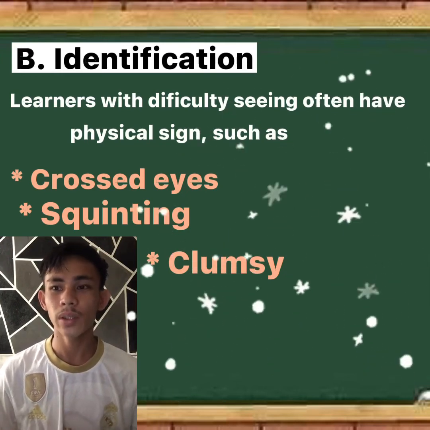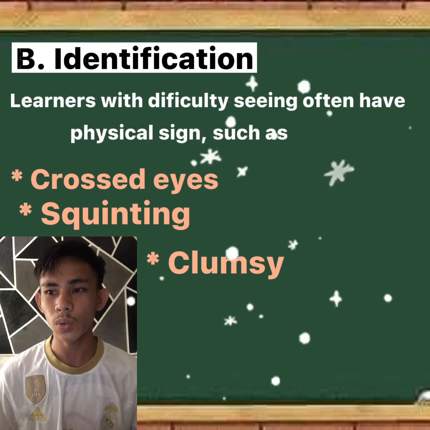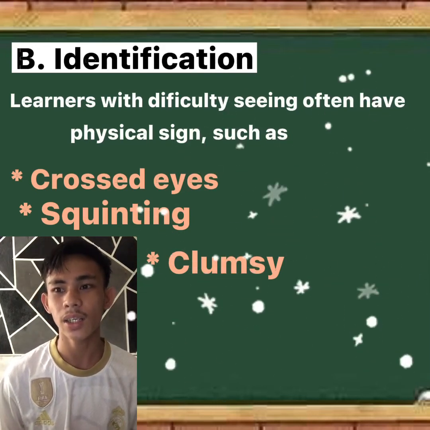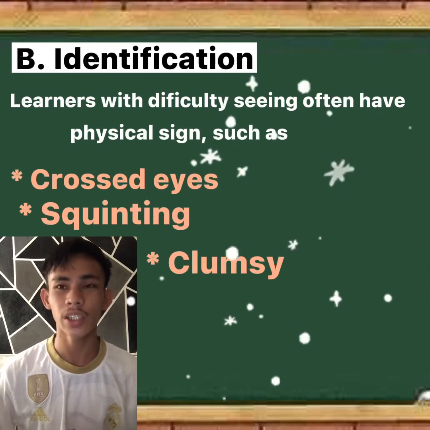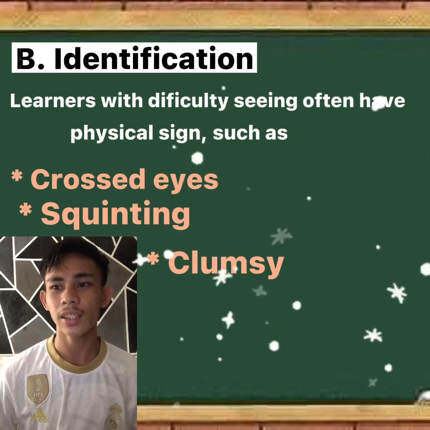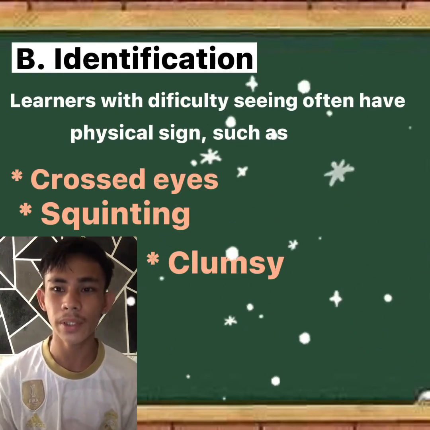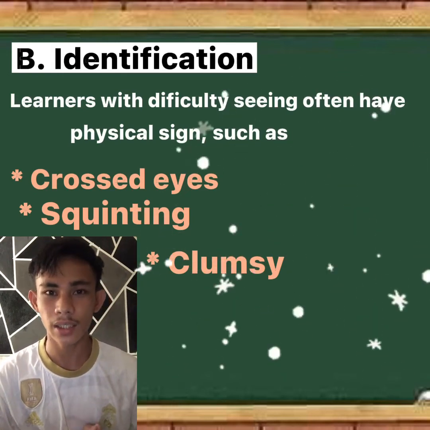Learners with difficulty seeing may also show poor eye-hand coordination. This can be seen in their handwriting or poor performance in sporting activities.